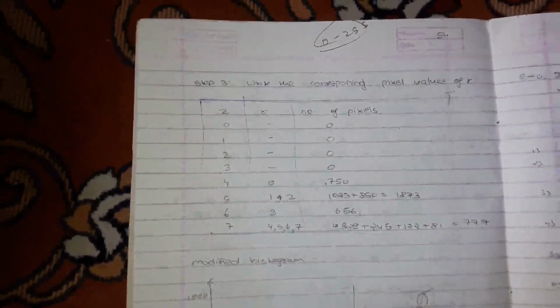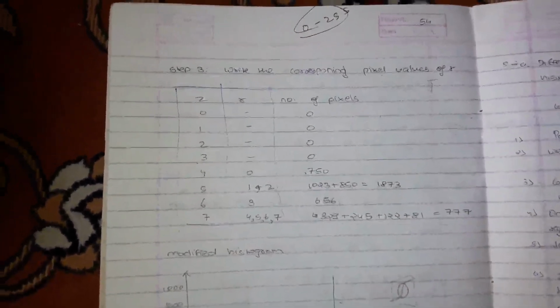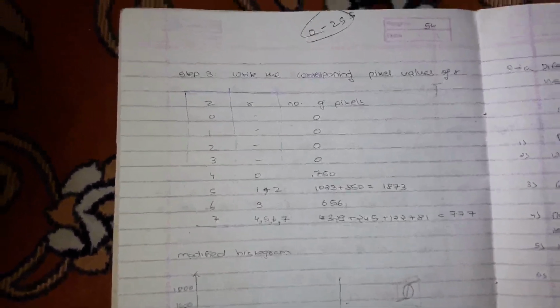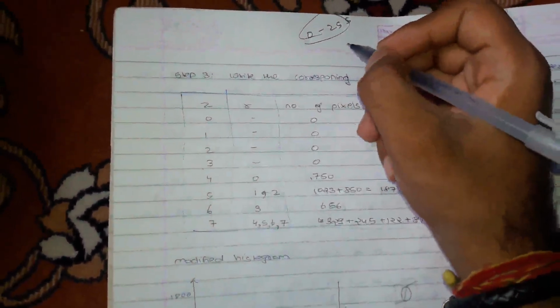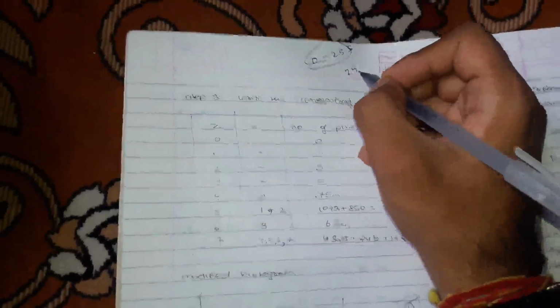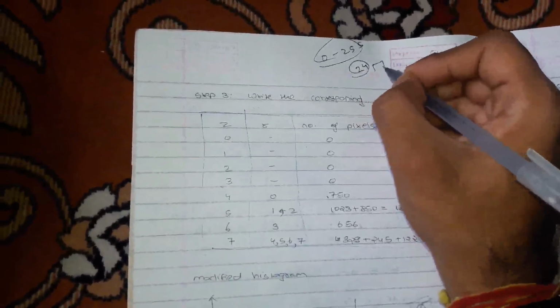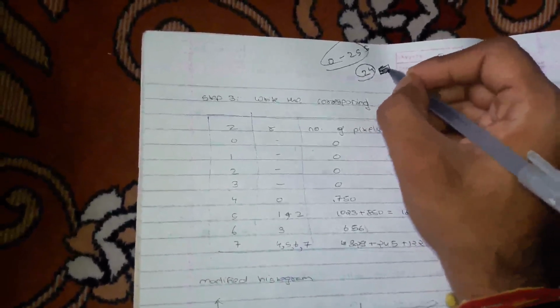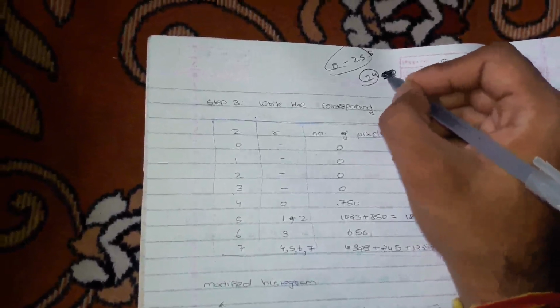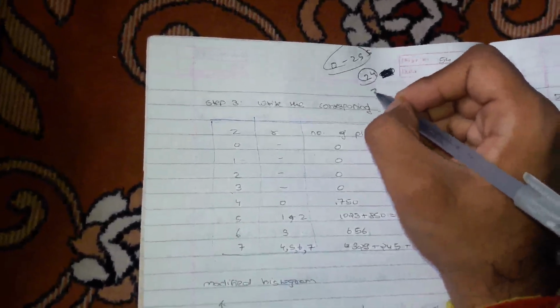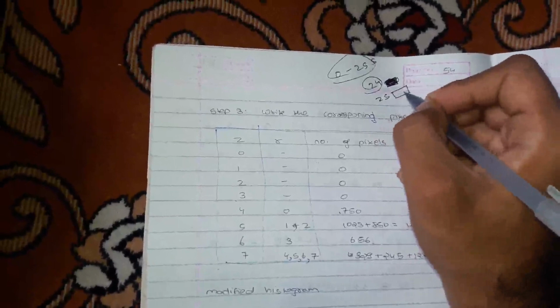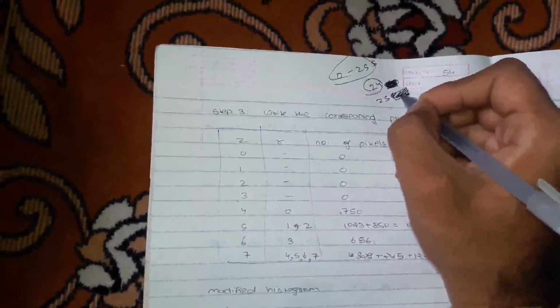There is this wide range of gray levels that we have in images. Here a 24 pixel value will look like this, and a 25 pixel value will also look almost the same.